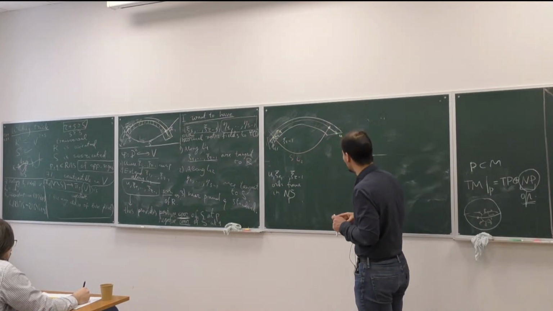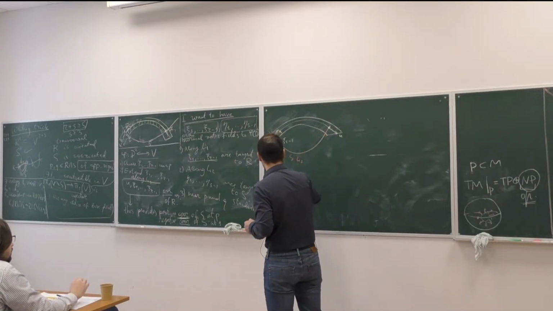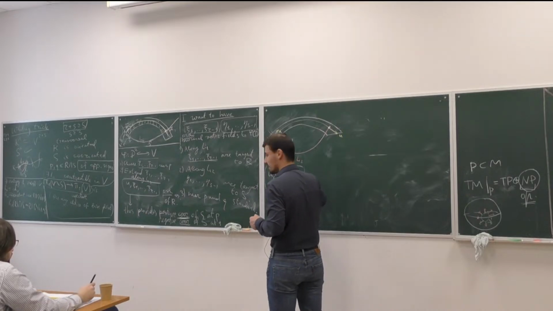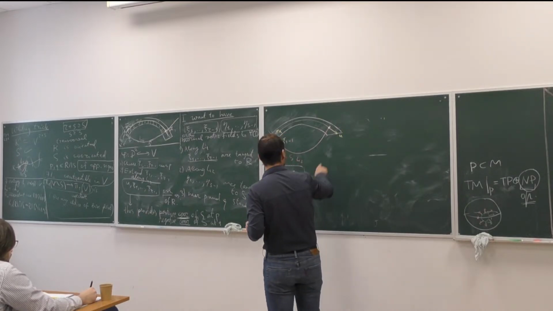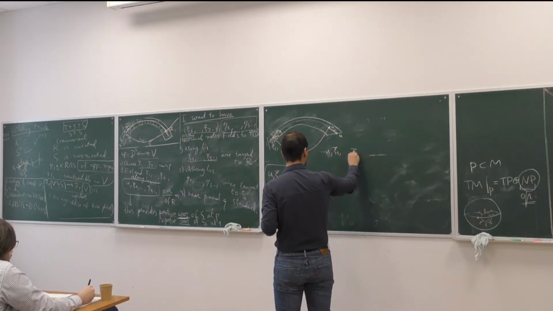So if I consider at point P, U, C1, CR minus 1, then at point Q, I would like to consider minus U, C1, CR minus 1.